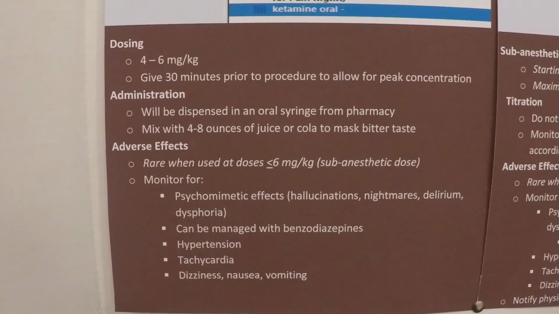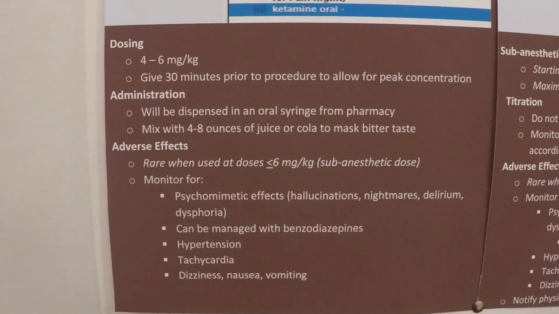Some of the adverse effects that you're worried about are really rare for PO ketamine, especially when we're using the doses that we use, which is less than 6 mg per kg. You're really not going to be too worried about this. But you still want to look out for some of the things you think about with ketamine, the psychomimetic effects, so hallucinations, nightmares, delirium.